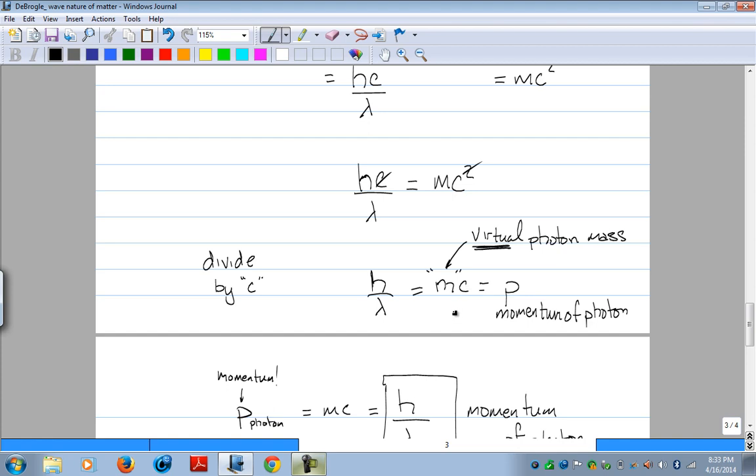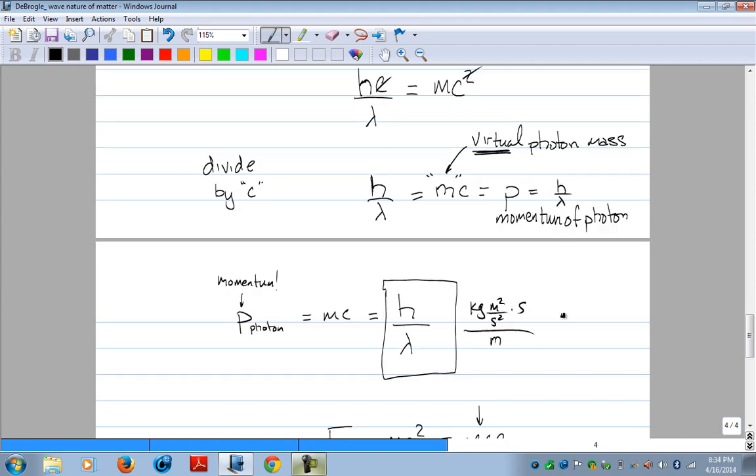So here is our expression for the momentum of a photon. It's just Planck's constant divided by the wavelength of the photon, the wavelength of EMR associated with a particular energy photon.